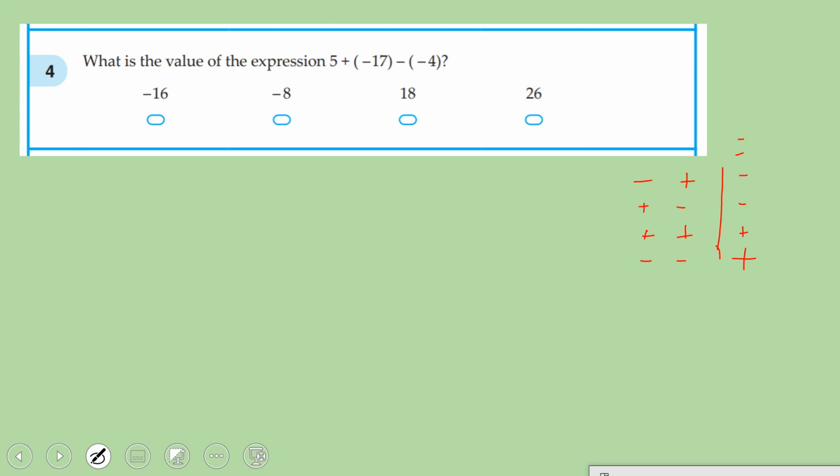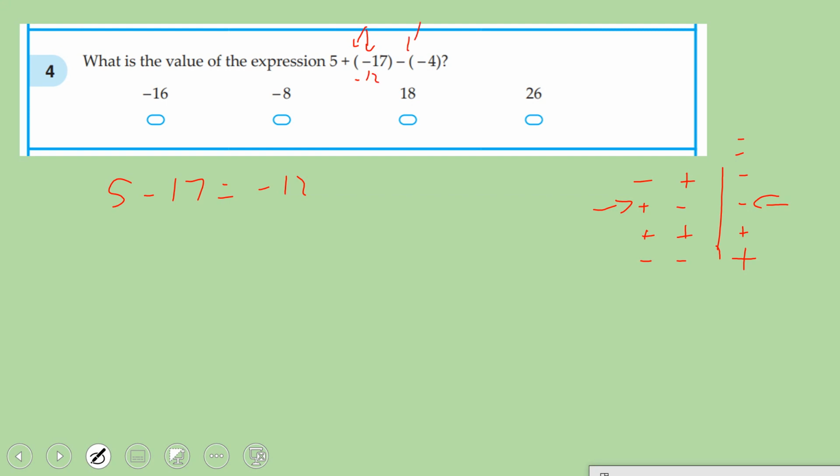Okay, so we've got over here a plus and a minus, which is that one there, which means it will end up being minus. If it's 5 degrees and we get 17 degrees colder, then we have to be less than 0. It's minus 12. So our answer at this point is minus 12.